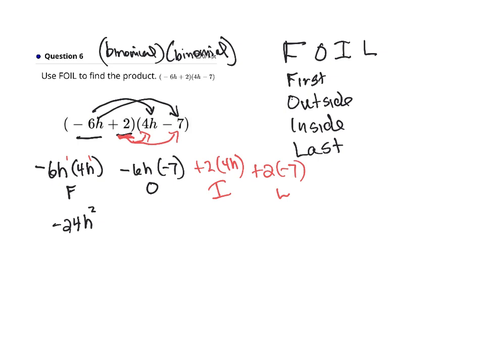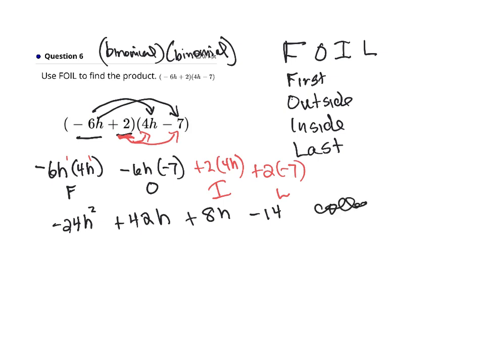Negative 6h times negative 7. Well, negative 6 times negative 7 is a positive 42. And then h, you don't have an h here, so we just rewrite an h. Next, we have 2 times 4h, so that's plus 8h. And the last, 2 times negative 7 is negative 14.